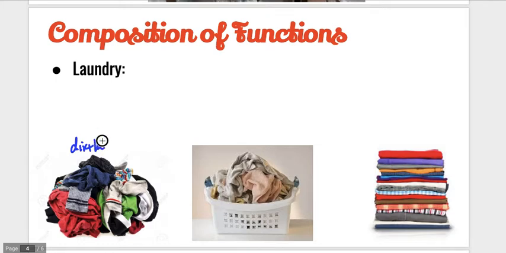So this is the very first thing at the very beginning. These are the dirty clothes we need to wash. And then the first function is that we need to wash. So this is the first function here.